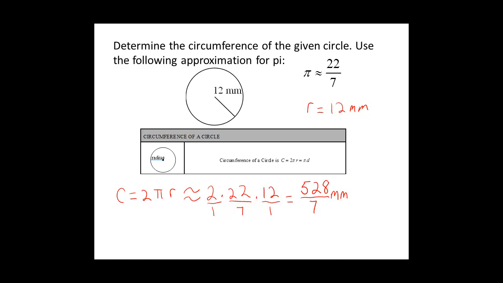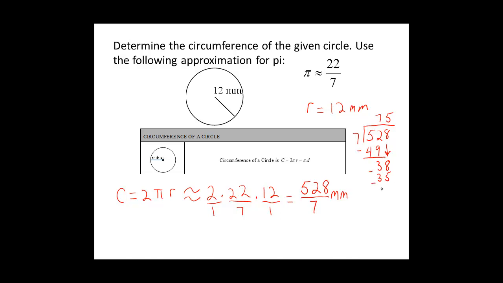But we can change this to a mixed number by putting the numerator inside the division symbol, and we will divide by 7, which is the denominator. 7 divides 52 7 times. 7 times 7 is 49. When we subtract, we get 3. We'll bring down the 8. 7 divides 38 5 times. 7 times 5 is equal to 35.